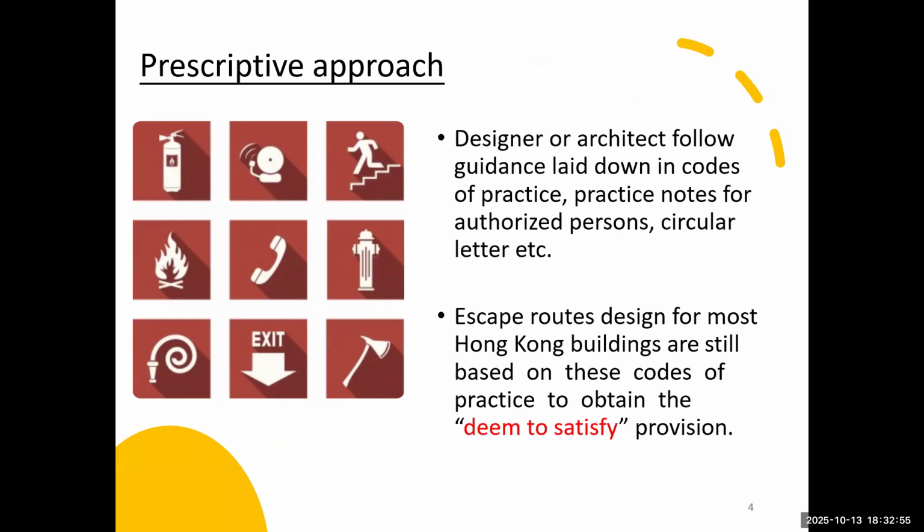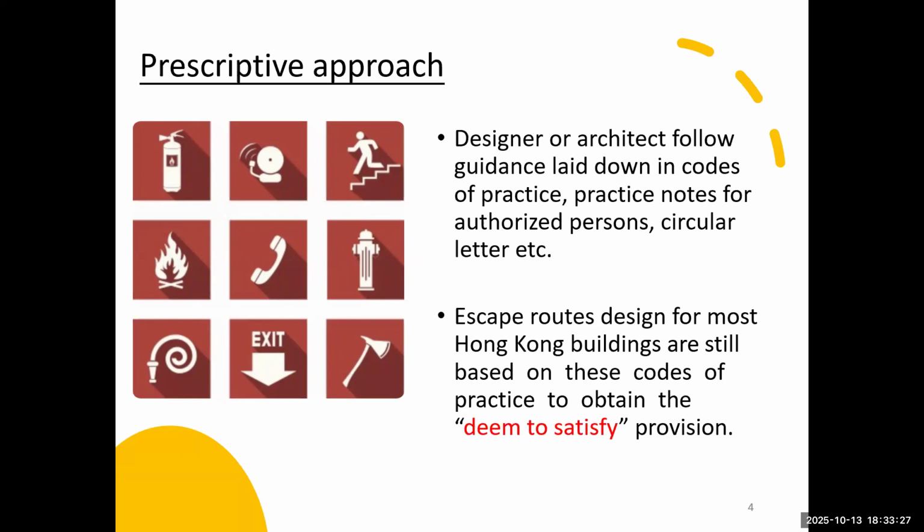Here, our designer or engineer functions somewhat like a chef following a very detailed recipe. The recipe in this case is a set of codes of practice, code notes, and circular letters that are issued by the authorities. These documents provide extremely specific, step-by-step instructions for the designer.